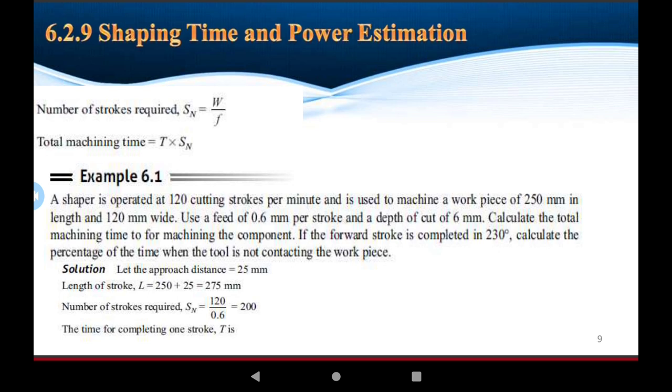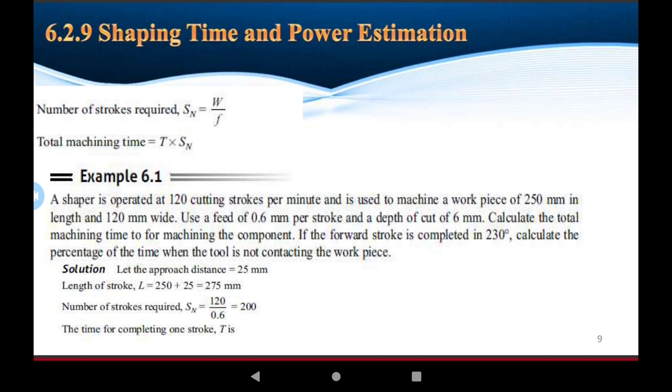Okay, some assumptions for all the values given in this solution. Let the approach distance be 25 mm. Some problems give two values, 15 mm or 25 mm.